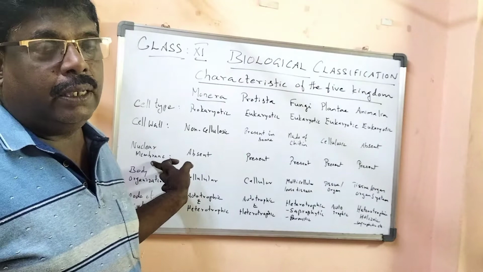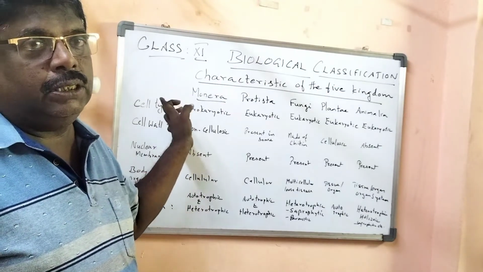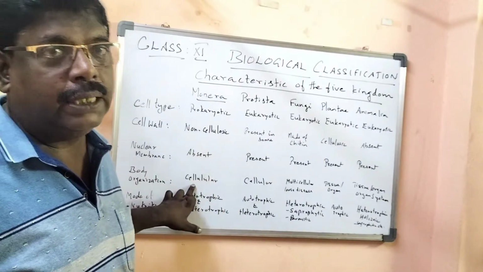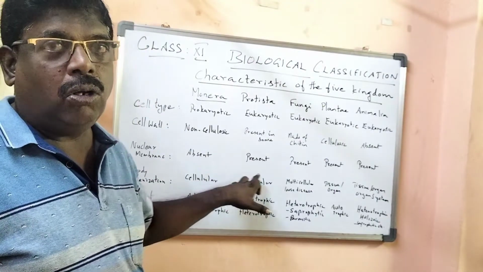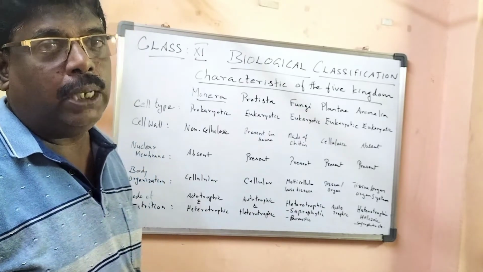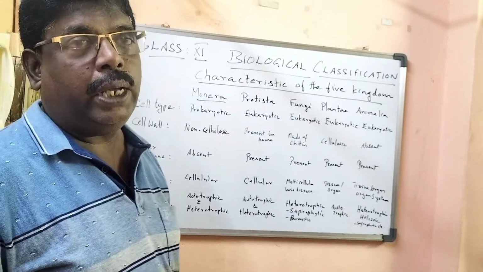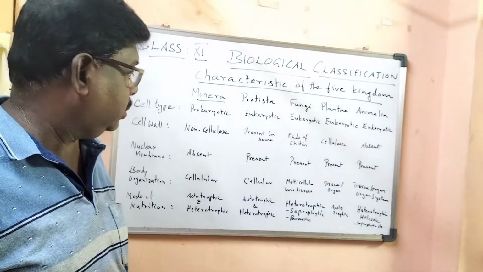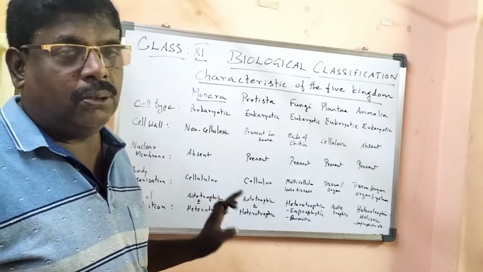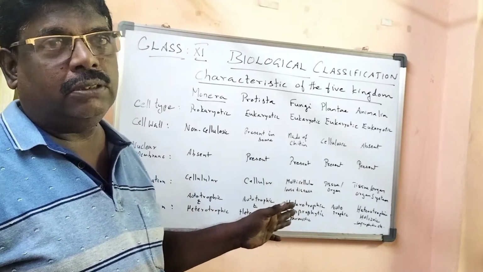Nuclear membrane again deals with the first point. In prokaryotes, the nuclear membrane is absent. In all eukaryotes, the nuclear membrane and nucleolus are present. That is why they are called eukaryotes, as a true nucleus is present. Body organization. You know the levels of organization.